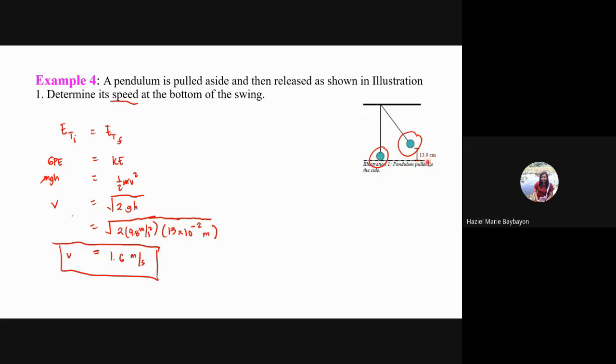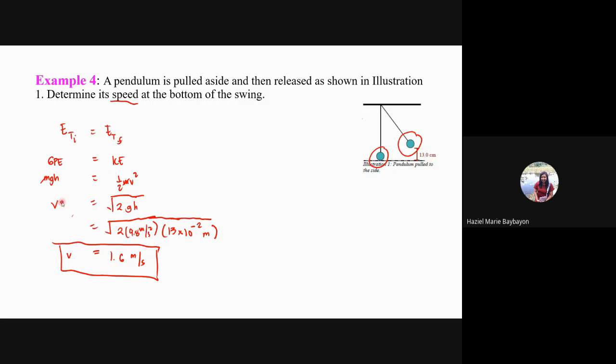It has no GPE because this is where the ground is. So this is what we consider as the ground. All right, so it is lifted 13 centimeters from the ground. Convert that to meters. So we will get 0.13 meter.